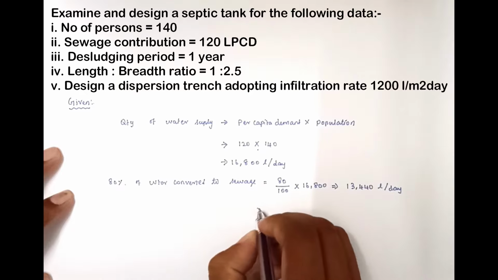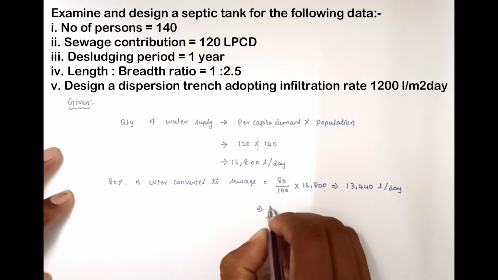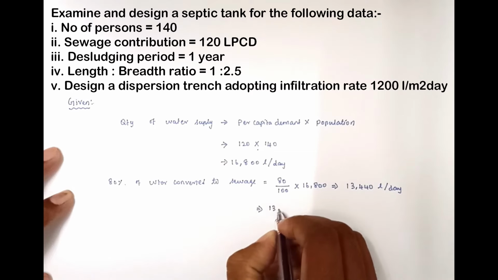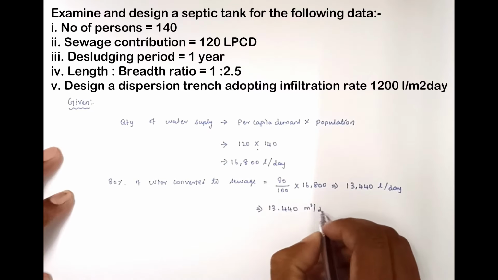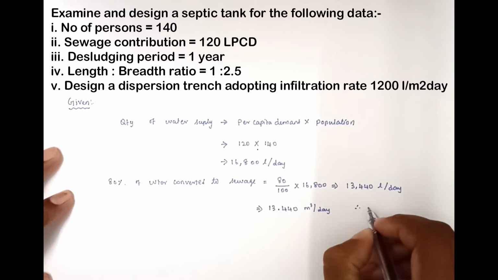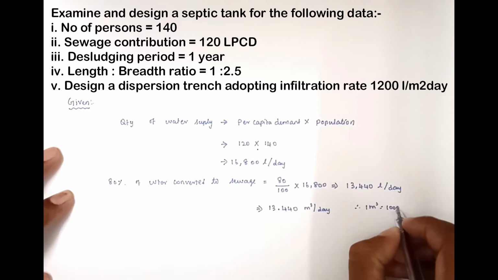We convert liters per day into meter cube per day, so the value is 13.440 meter cube per day, since 1 meter cube equals 1000 liters.